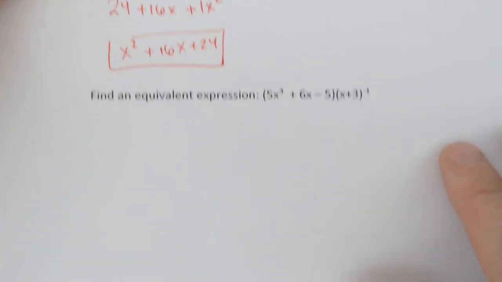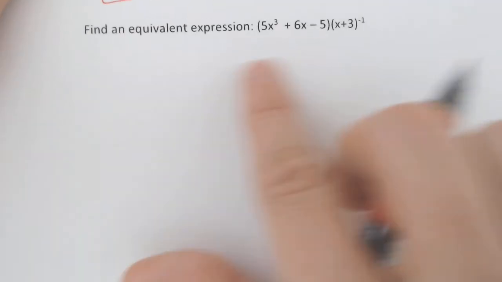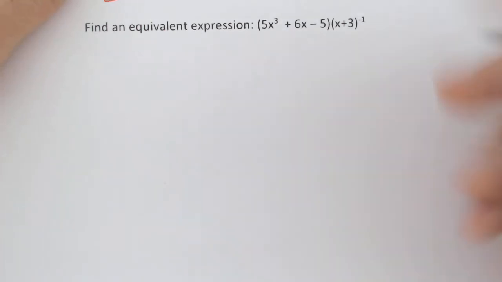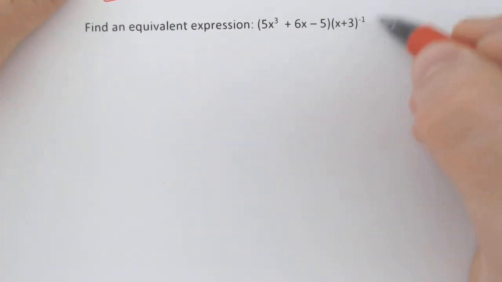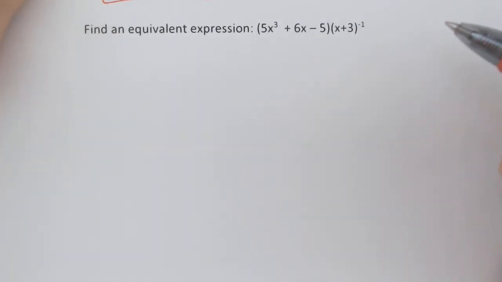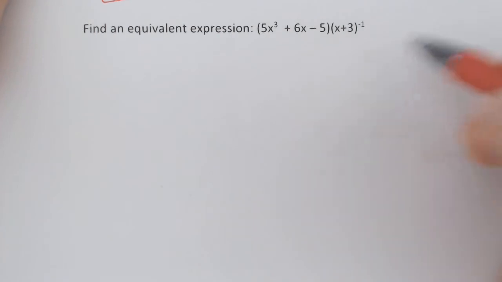Next one on the list, we need to find an equivalent expression for this. If you ever see x plus 3 to the negative 1 power, anything to only the negative 1 power, typically that means either inverse, which isn't this chapter at all, or divide.